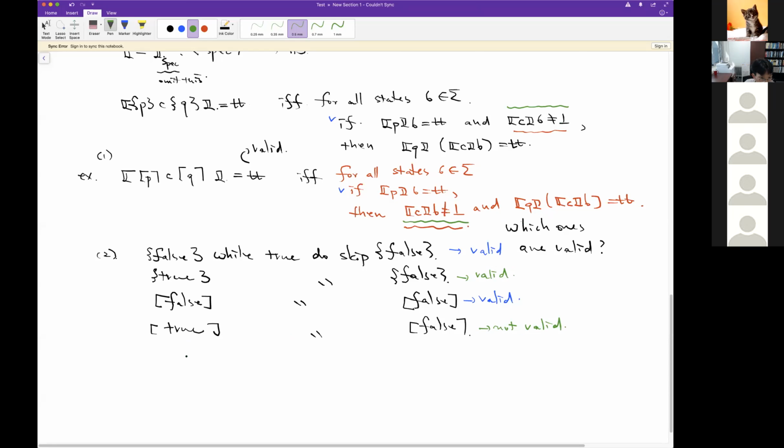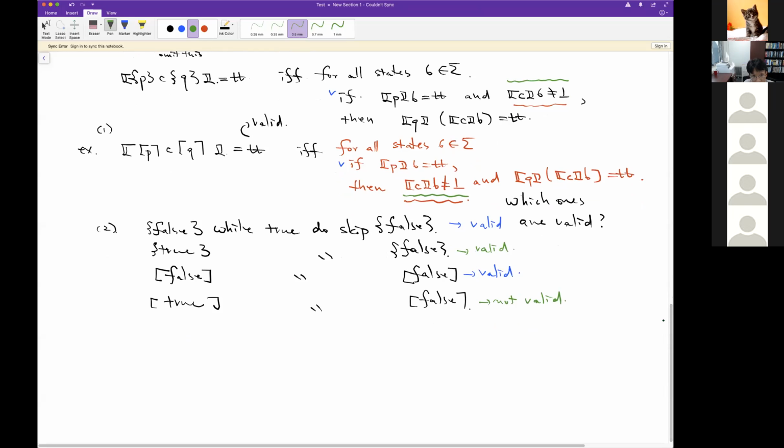And in fact, for this exercise, if you write down any command C, with the postcondition in the partial correctness triple being false and the precondition being P, this means that C does not terminate when the precondition P holds.